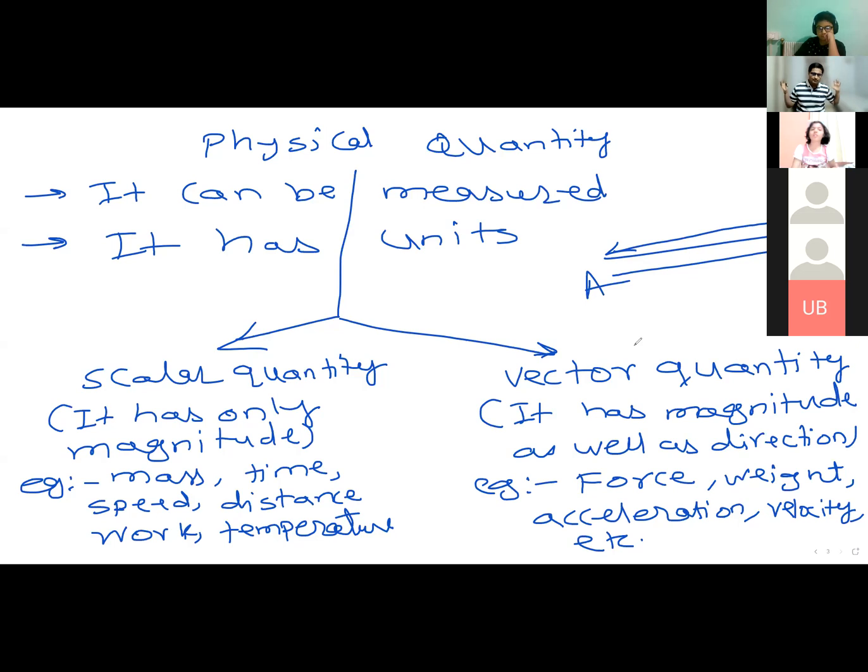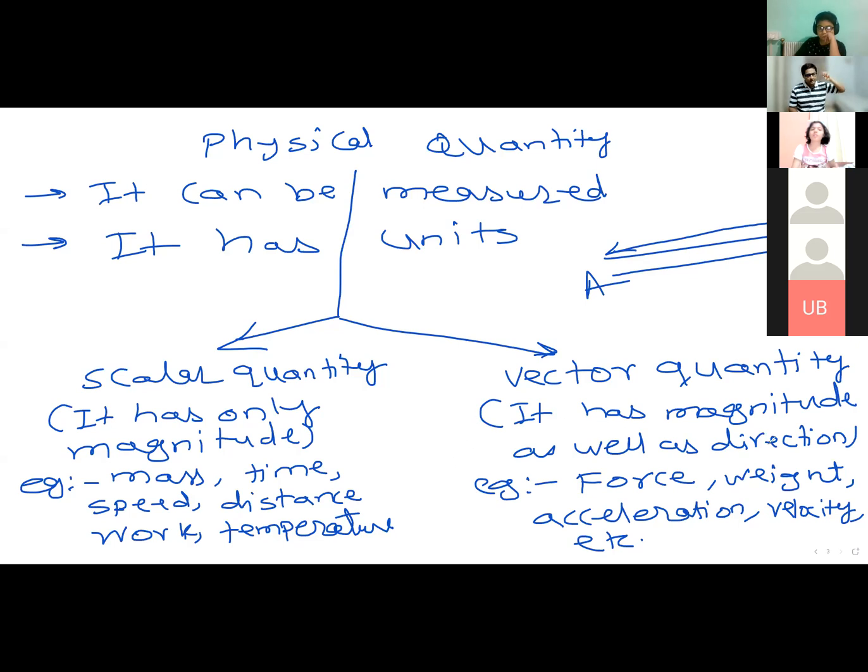Does it matter if I say this is in the left direction or the top direction? No. So a scalar quantity can be clearly defined using magnitude and its unit. No direction is needed.